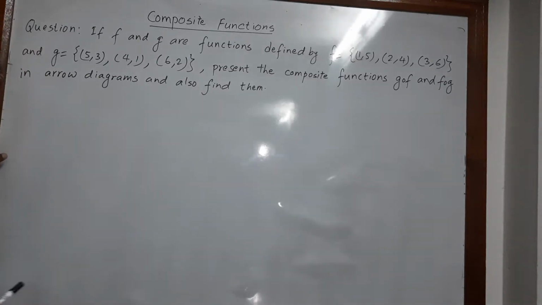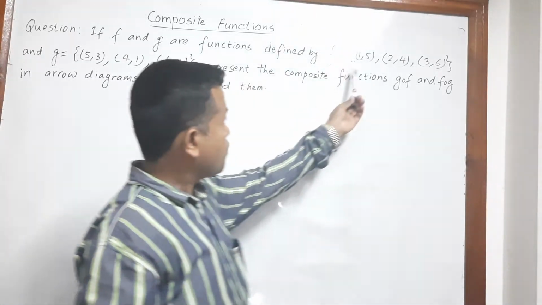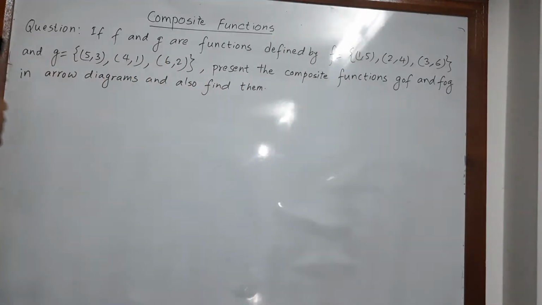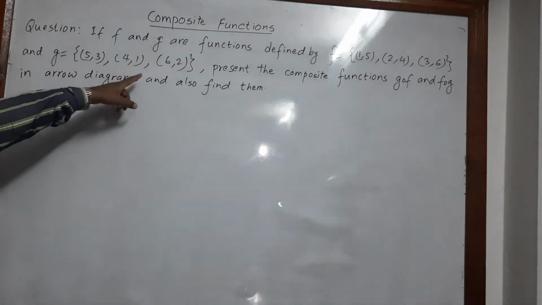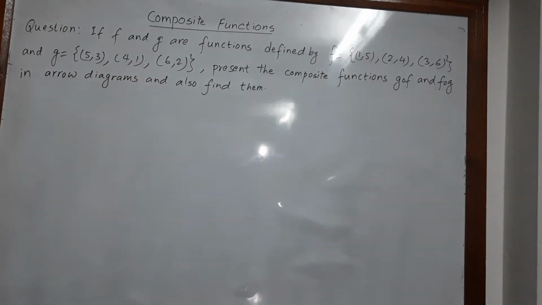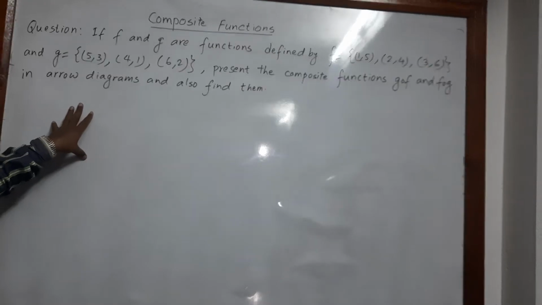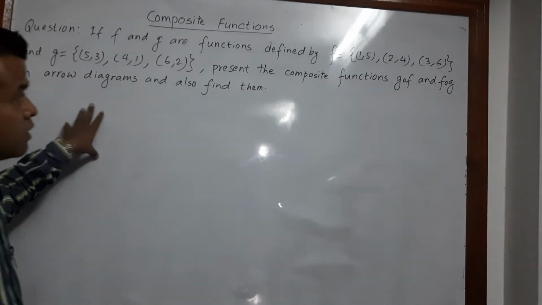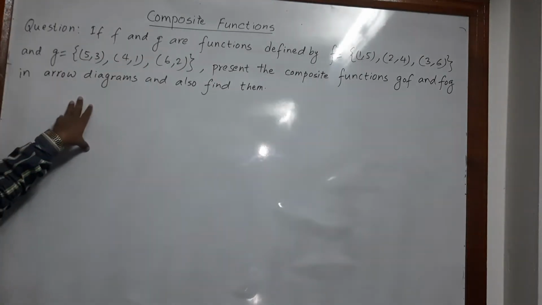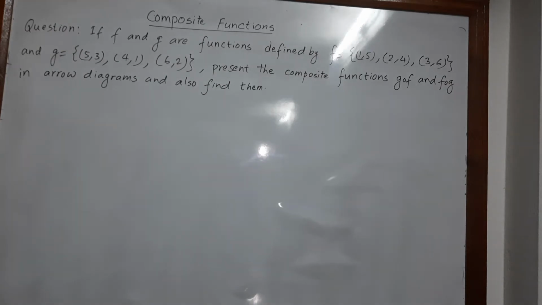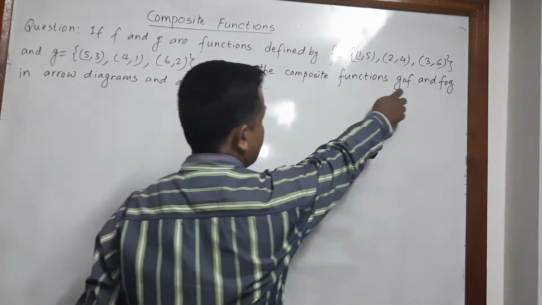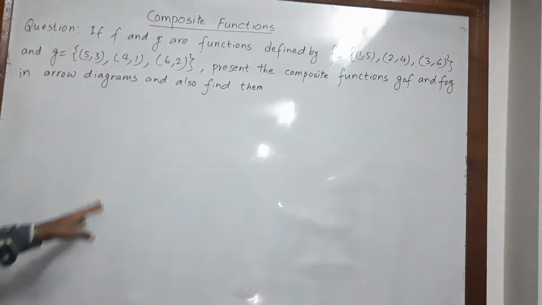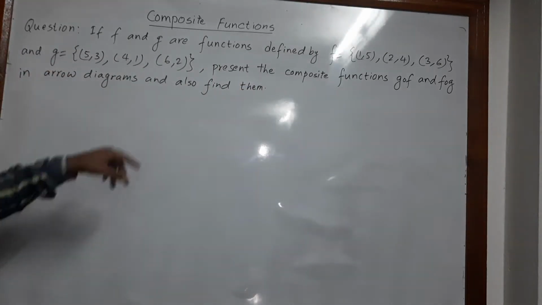Now here we have two functions, f equals 1 5, 2 4, 3 6, and g equals 5 3, 4 1, and 6 2. It will be easy to find the composite functions g of f and f of g by using an arrow diagram. Now to find g of f, we should first take f and then g.